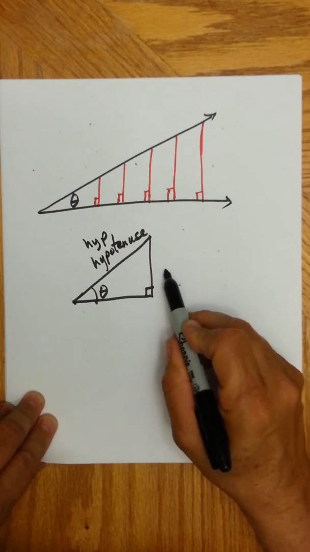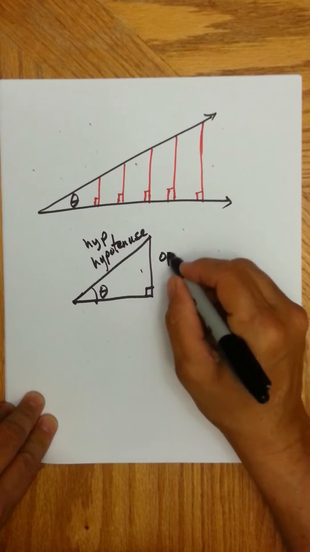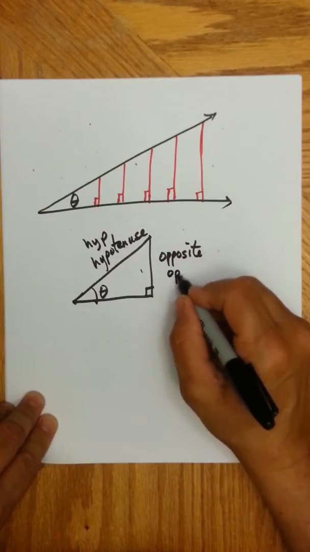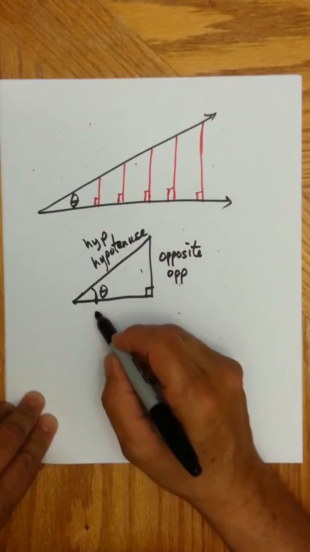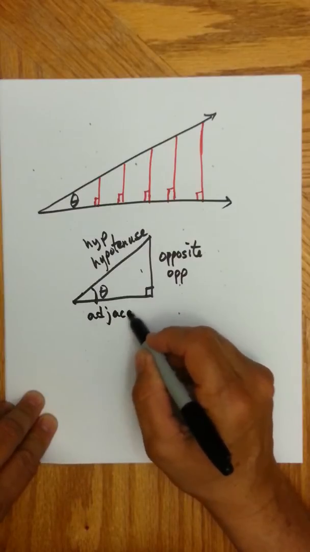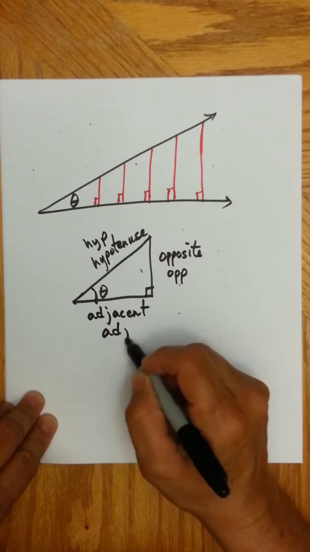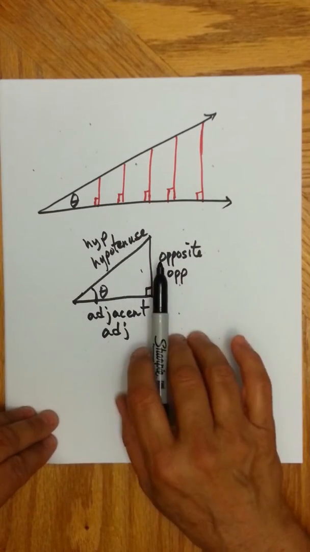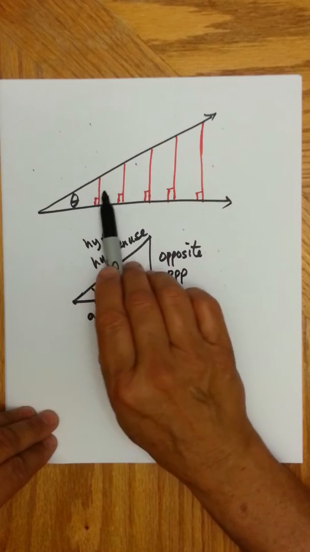Across from the angle is the opposite side, or OPP. And of course here, adjacent to the angle, abbreviated ADJ.